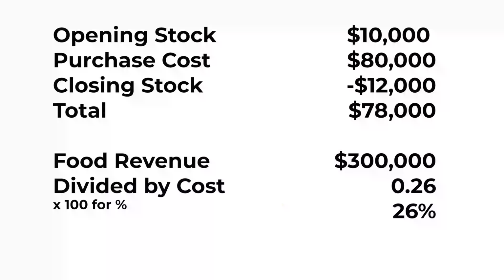Example, my opening stock was 10,000. I purchased for 80,000. My closing stock is 12,000. So my cost of goods is 10,000 plus 80,000 minus 12,000, which gives me 78,000.